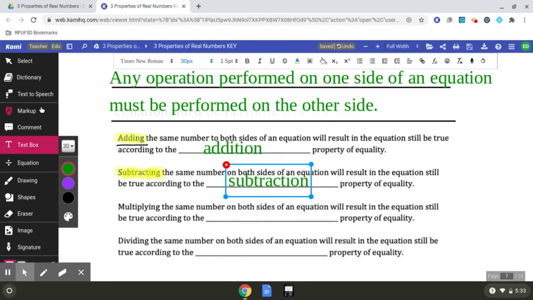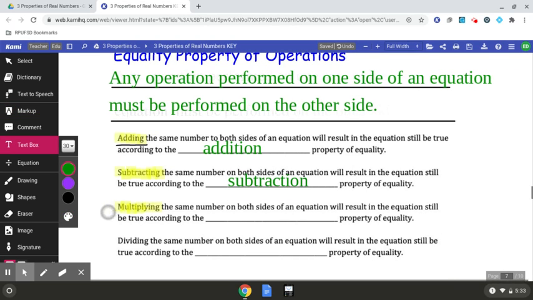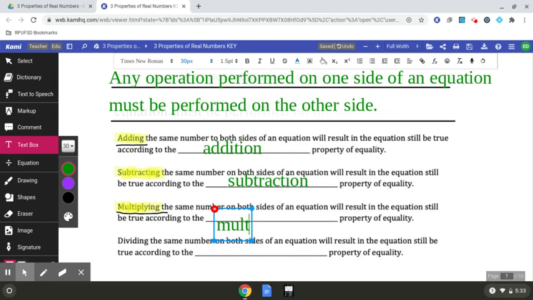The third rule says, and you can see the pattern here, that by multiplying the same number on both sides of an equation, the equation still remains true according to, and again, if we are multiplying, then it's the multiplication property of equality.